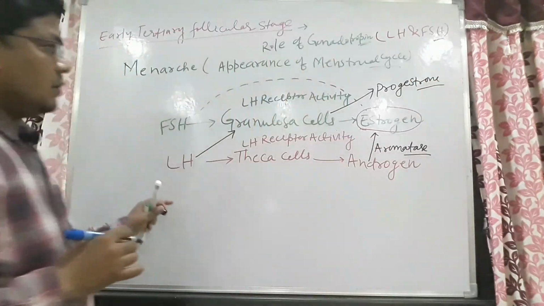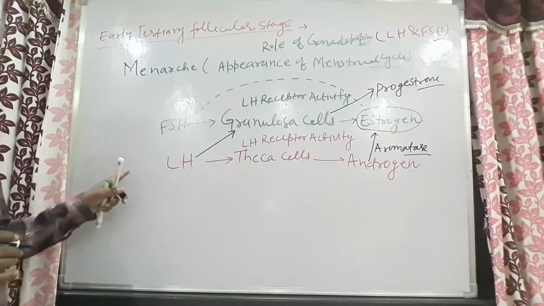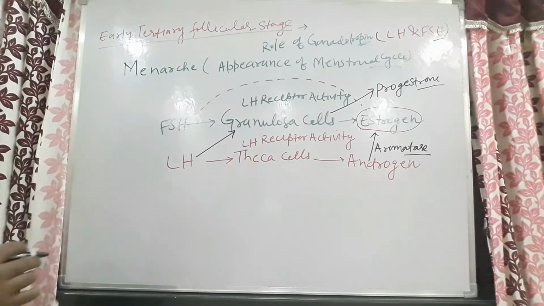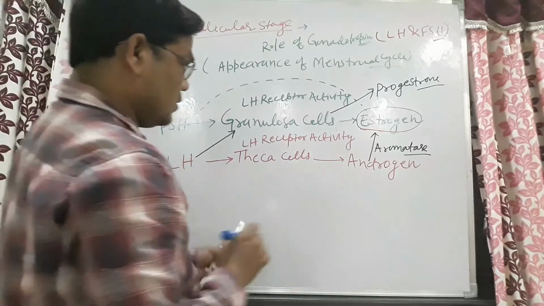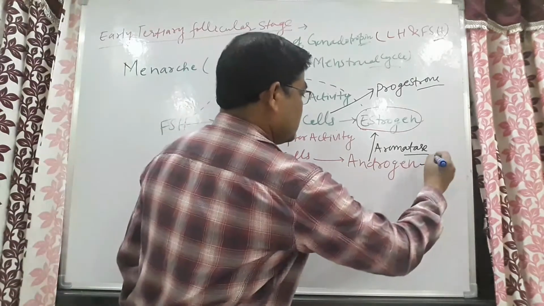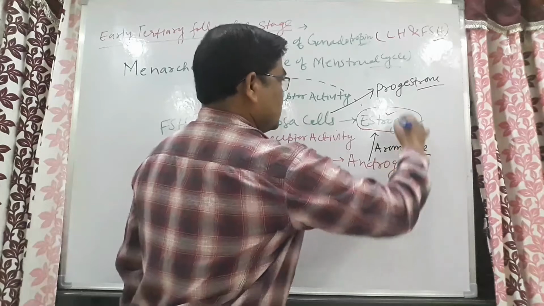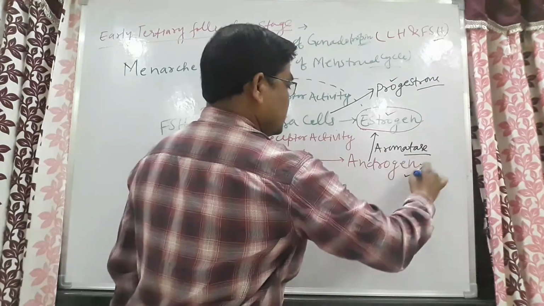So here three hormones are abundant. What are those? First one is the estrogen, then progesterone and androgen.